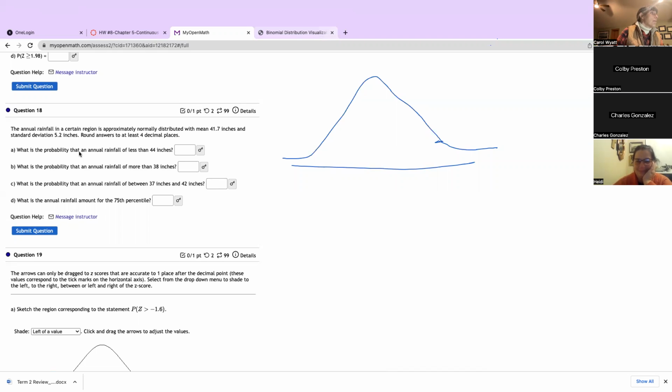All right, find what probability is the annual rainfall. It tells me in my problem that my mean is 41.7 and my standard deviation is 5.2 inches. Now it says, what's the probability of the annual rainfall being less than 44 inches?